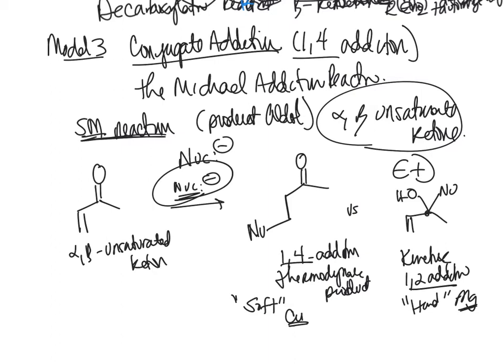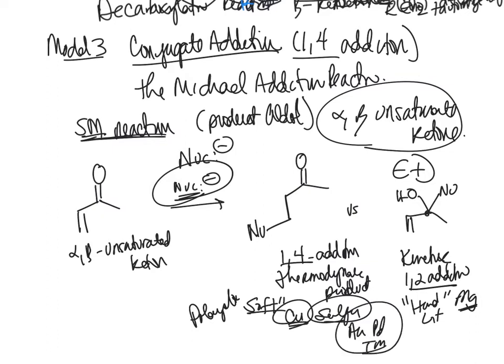Like Grignards are hard. Lithium is hard. Copper is soft. Sulfurs are soft. These are big. Soft is like a highly polarizable, kind of big fluffy electron cloud. And like metals, like gold and palladium, your transition metals that like to form carbon bonds, those are considered soft. Okay, and they prefer a 1,4 addition.